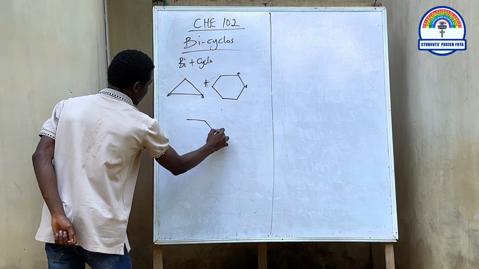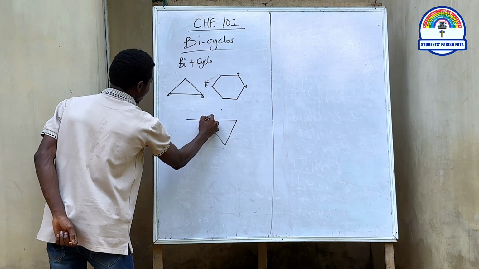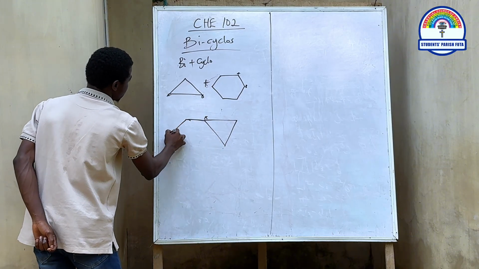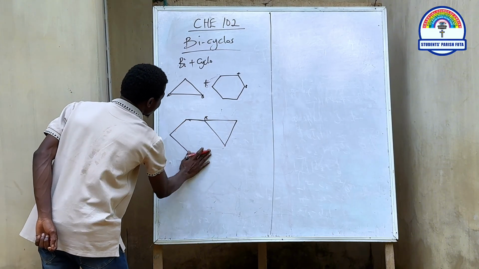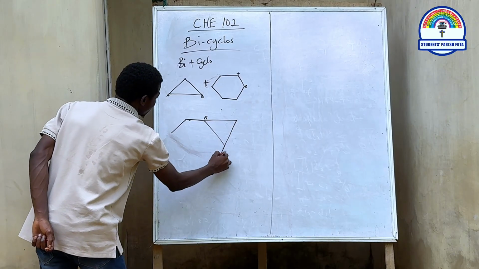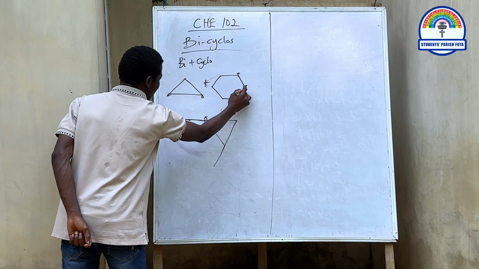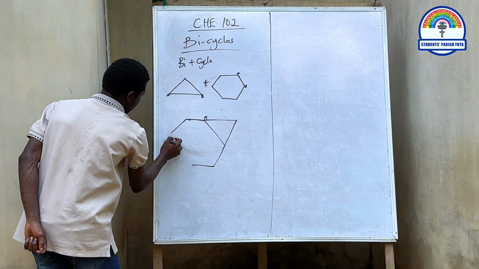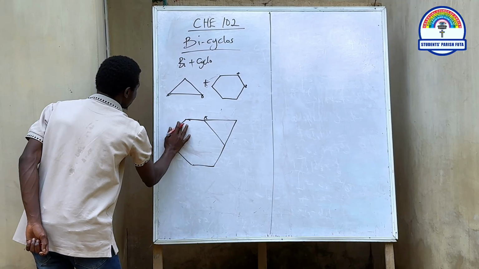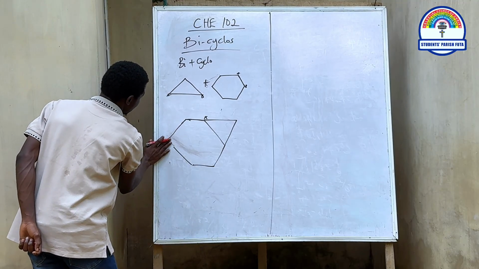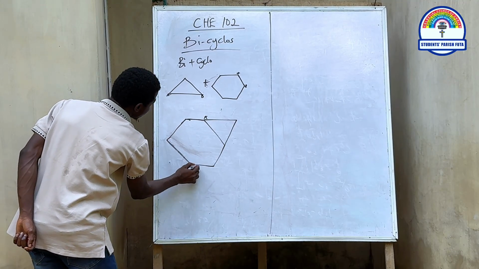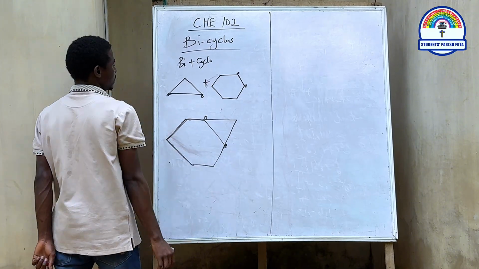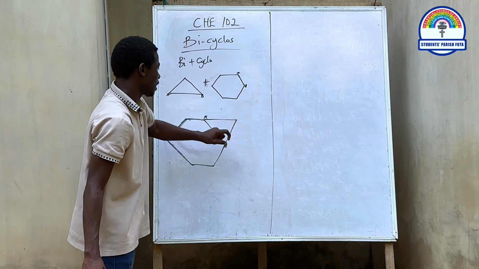So it means we'll have something like this. This is the AB you have seen here. So this is the cyclohexane and this is cyclopropane joined together.